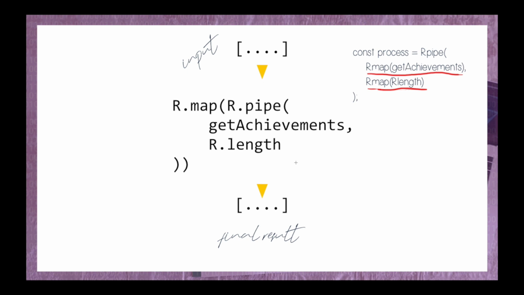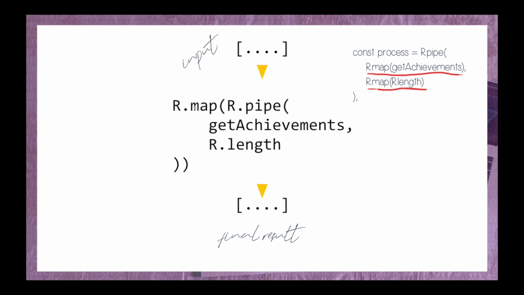We can get rid of this intermediate array if we rewrite this expression in the following way. So first of all, we get rid of this outer pipe function that we had in the previous code, and instead we use a single map function.